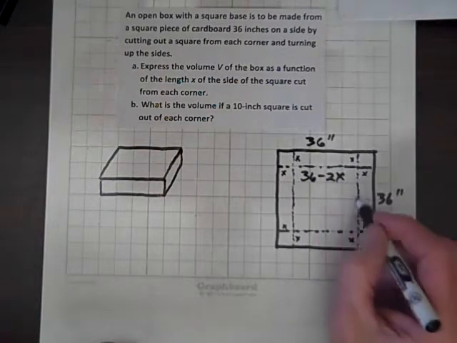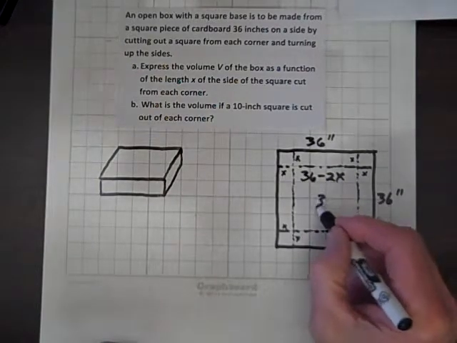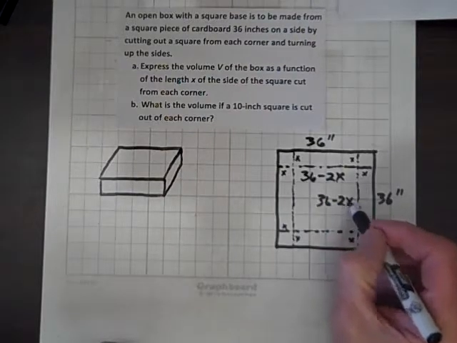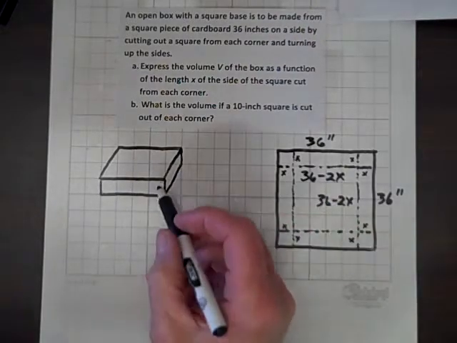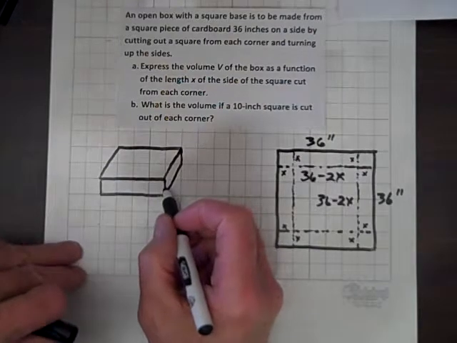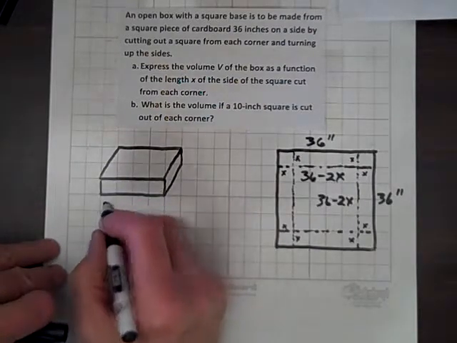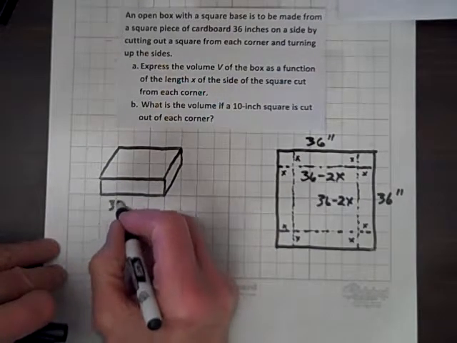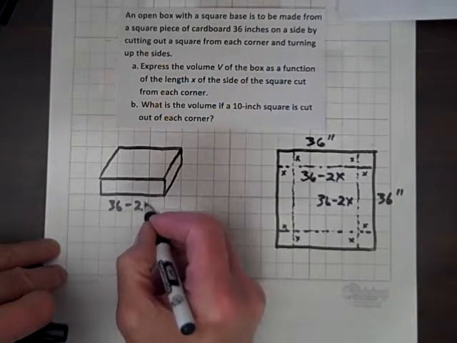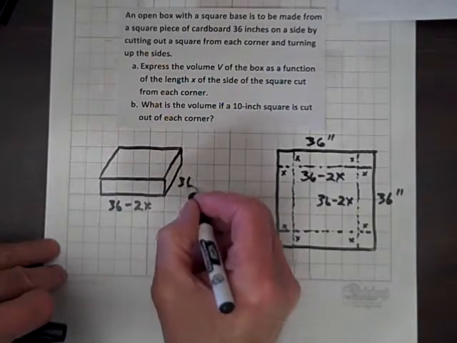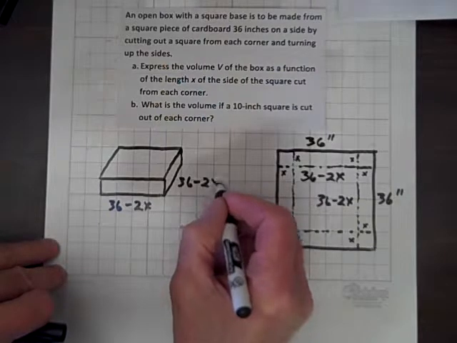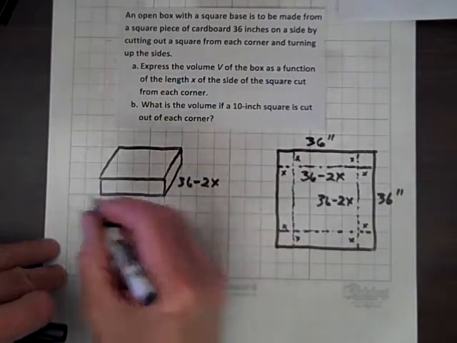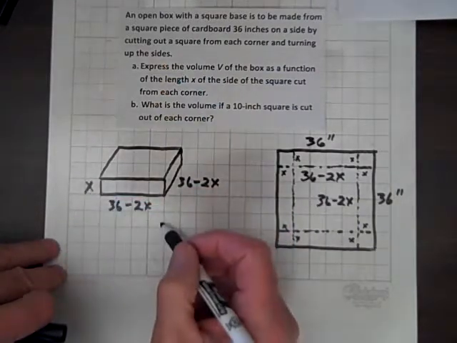And the distance from here to here will also be 36 minus 2x. And here's a three-dimensional representation of the box. So this will be 36 minus 2x, 36 minus 2x, the length of this side, the length of this side, and the height will be x.